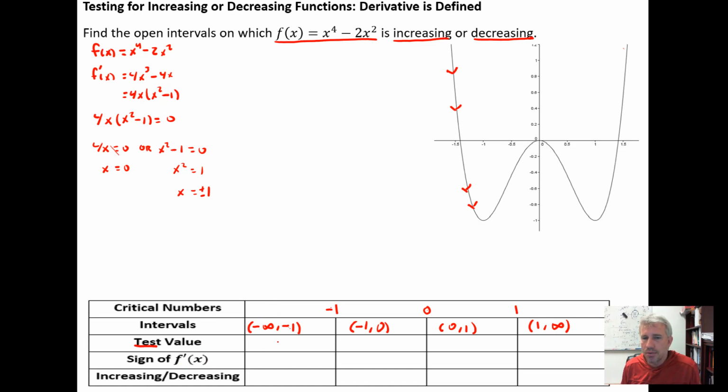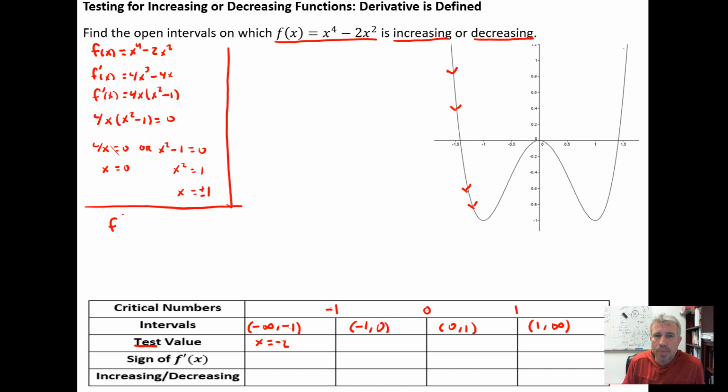In this case, if I pick x equal to negative 2, it is in the interval from negative infinity to negative 1, and I can plug negative 2 into the derivative right here. Here's my derivative.